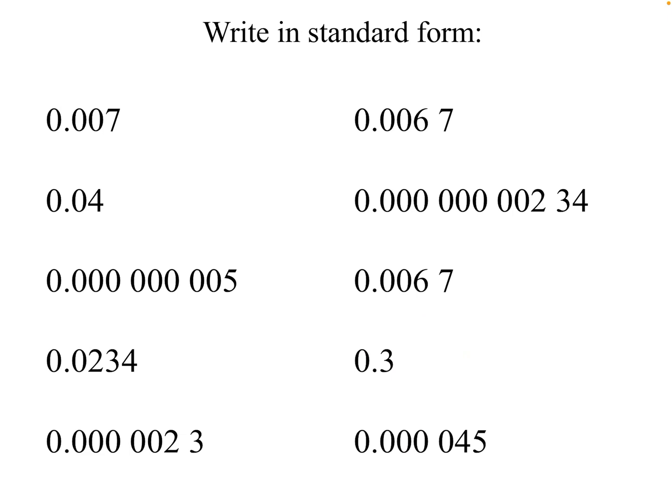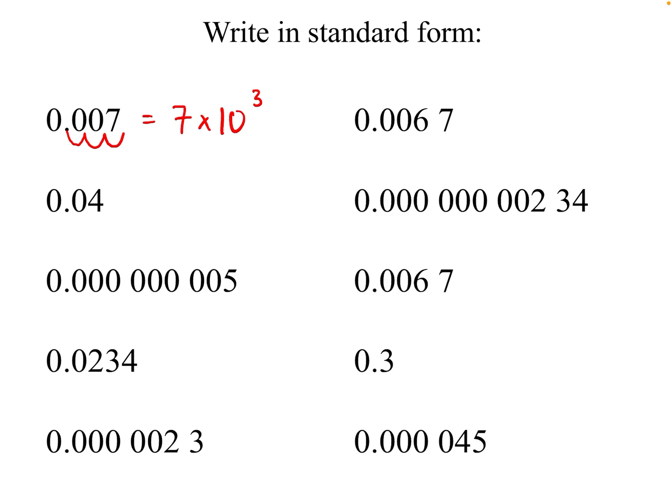So what we've got to do is write these really, really small numbers in standard form. Well, again, you need to pick a number between 1 and 10. So for the first one, you're going to pick 7. Times 10 to the power of, move the decimal point to where it needs to be to make the number 7. So in this case, it's 1, 2, 3 places.